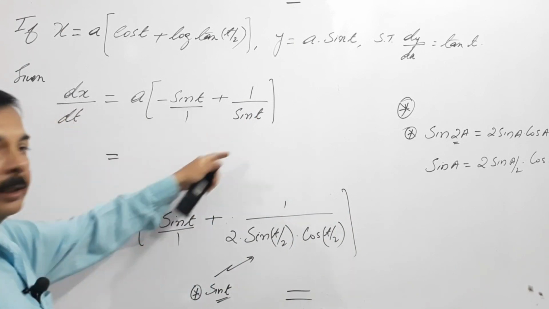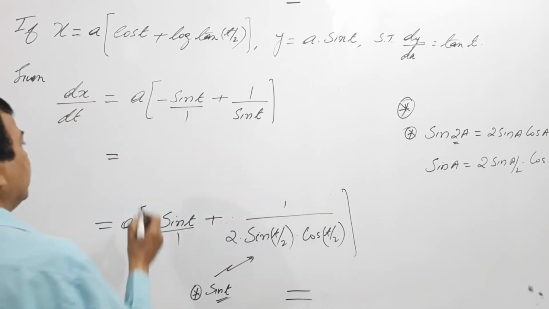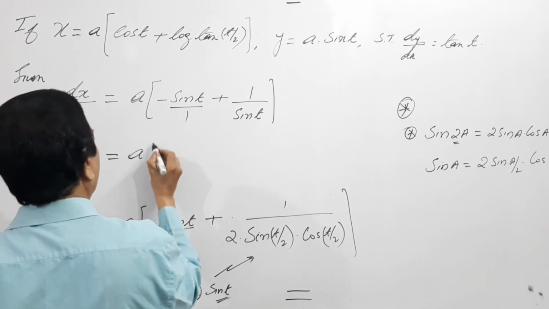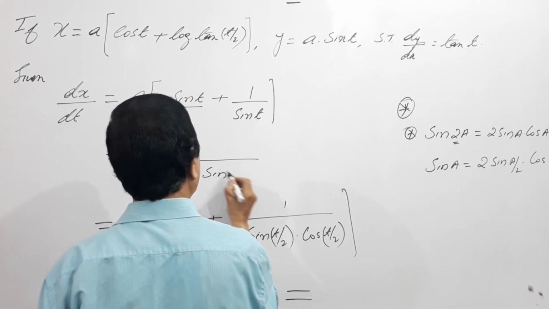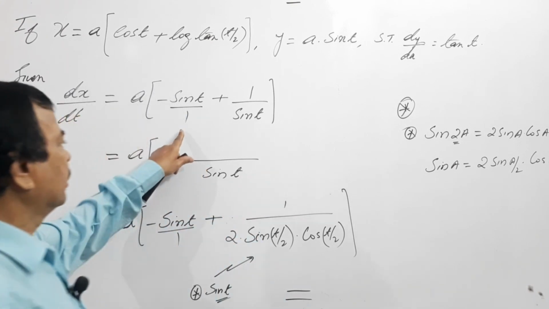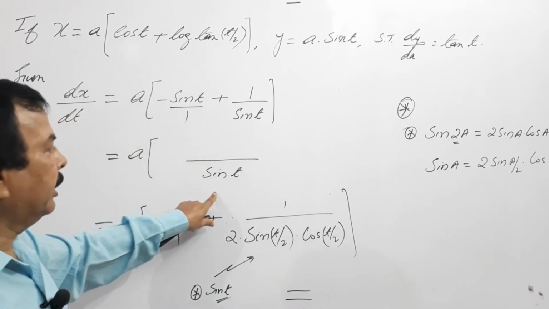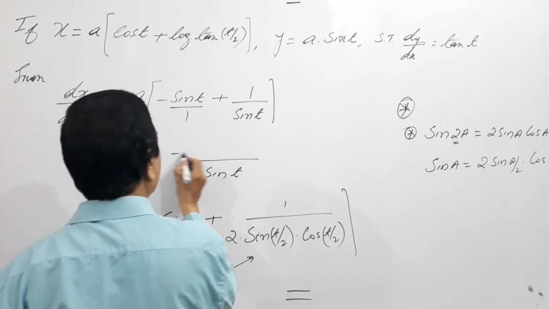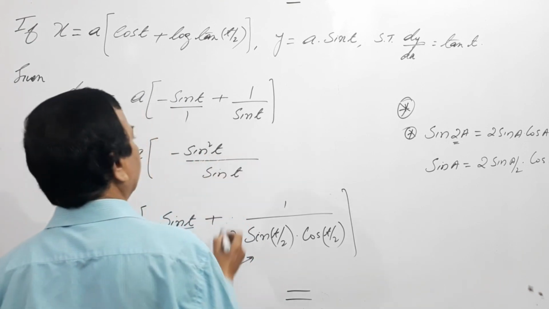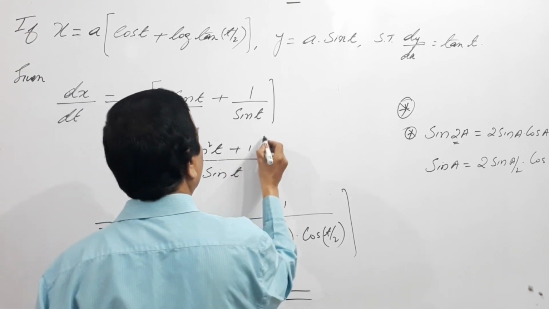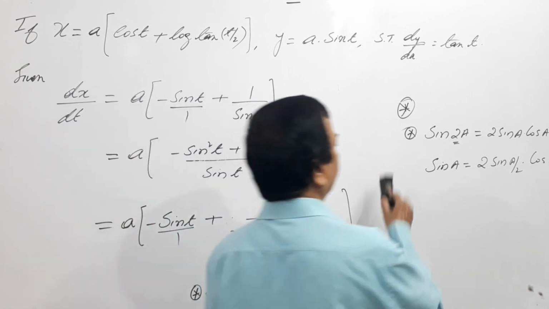Now I will take LCM. What happens? Sin t times sin t is sin square t, and 1 goes: sin t into sin t minus sin square t plus 1. I rub this.